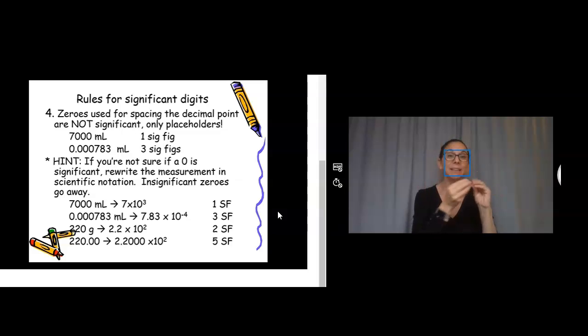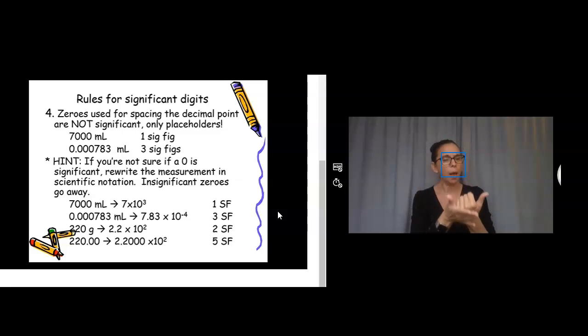So if we were to write this correctly in scientific notation, we would keep the zeros. It would be 2.2000 times 10 to the second, showing that there are actually 5 significant digits in this particular measurement.